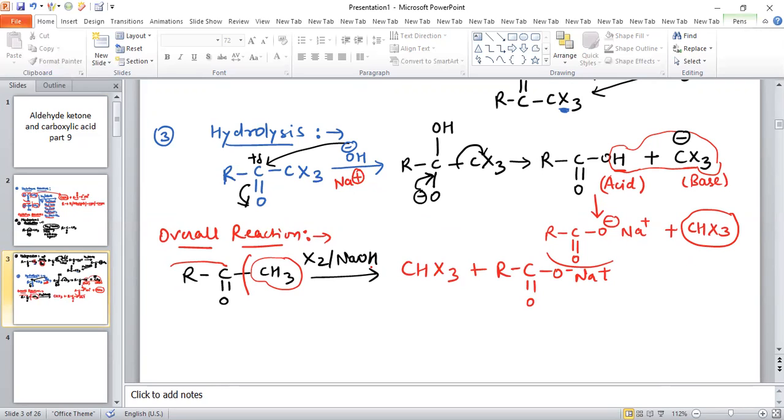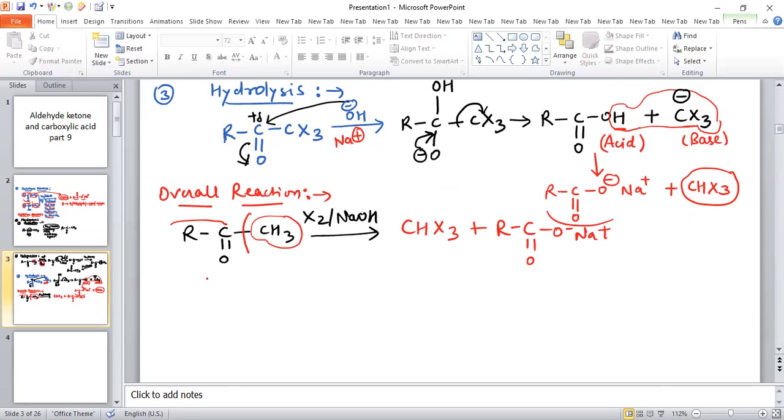Now see the question based on it. You can see this by an example also. So now I am discussing the example related to this. Suppose the example is CH3, C double bond O, and CH3.